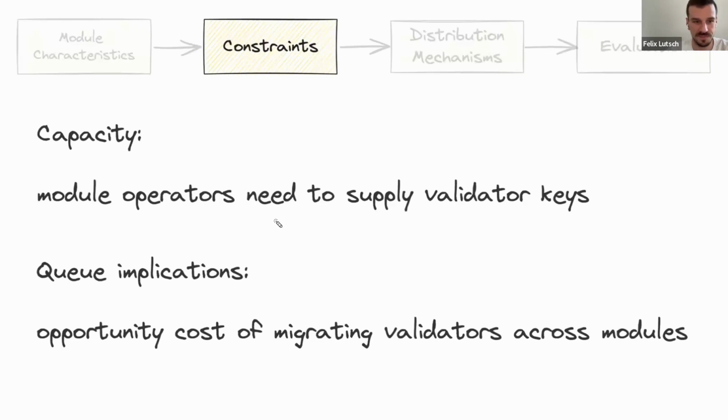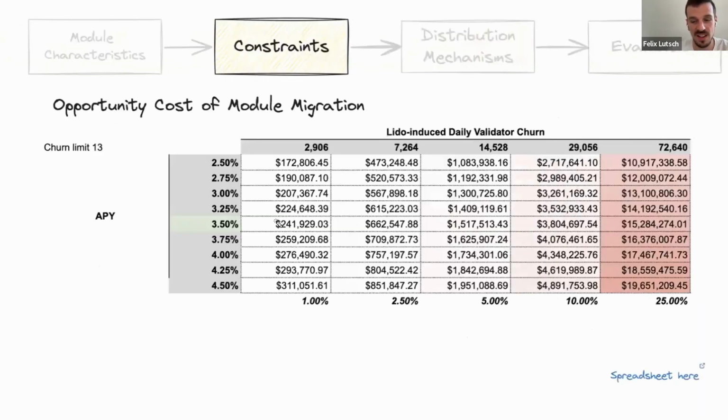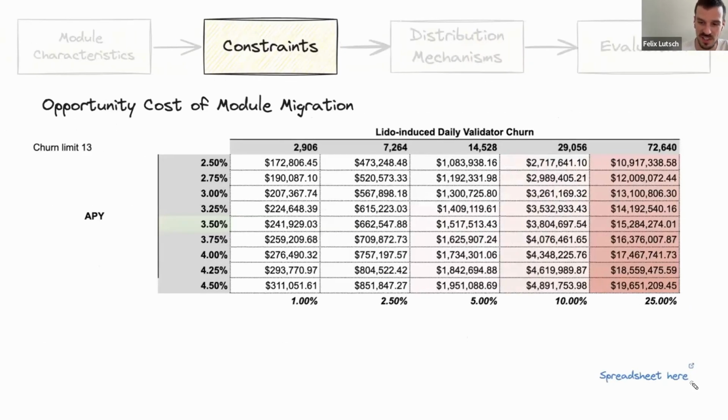So it really needs to be considered when you think about how you want to decide on which modules get how much stake. In practice, I'm doing a sensitivity analysis, so I'm linking this sheet here, but obviously you won't be able to click the link right now. I'll again link everything in the notes or in the chat after this. Essentially, we're doing a sensitivity analysis in terms of what it would cost to migrate, for example, 5% of current Lido stake, which turns out to be around 14,500 validators, at current ETH prices.